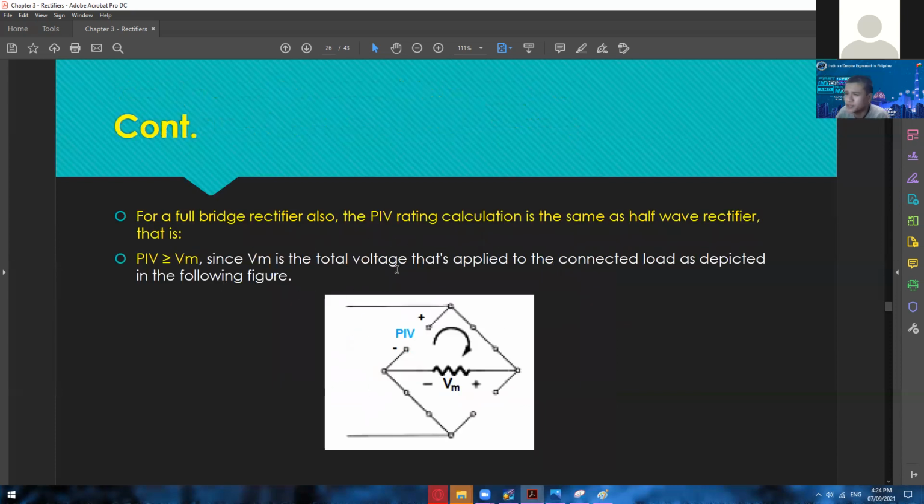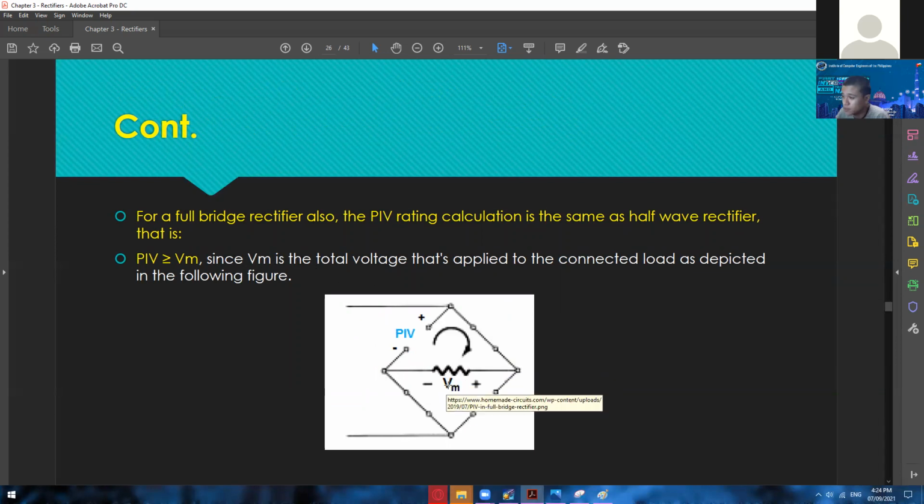So let's continue with the full bridge rectifier. For a full bridge rectifier, the PIV rating calculation is the same as for the half wave rectifier. That is, PIV is greater than or equal to Vm, since Vm is the total voltage that's applied to the connected load, as depicted in the following figure.